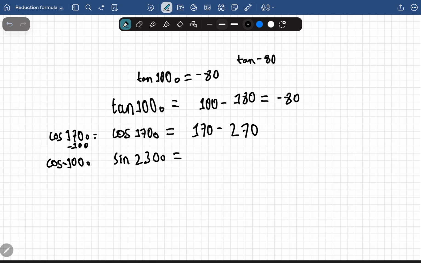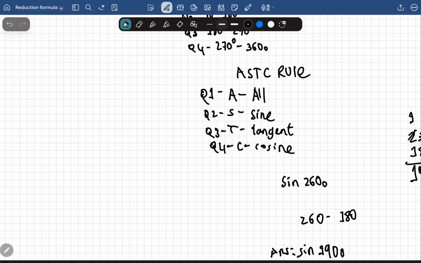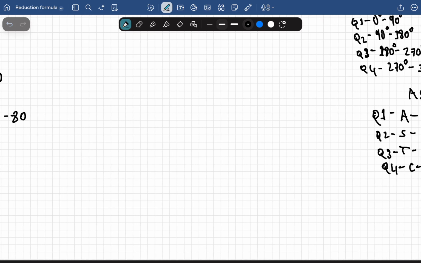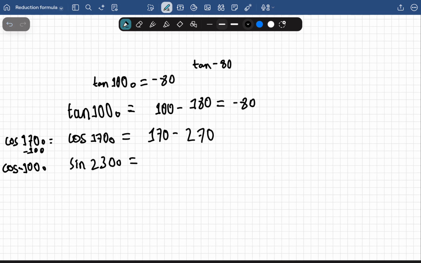We have sine 230. Now 230 is not in sine; 230 is in tangent. So 230 minus 180. You should be able to do this via normal subtraction.